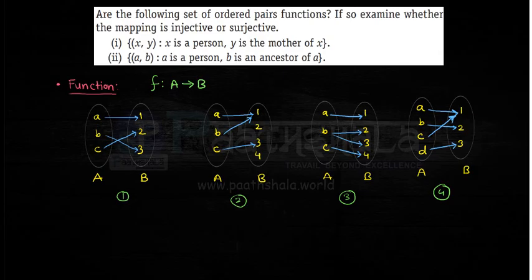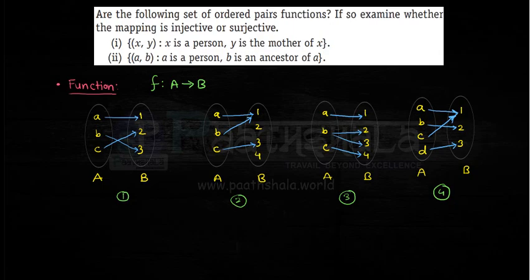But this relation should be unique. Unique means, let's say A is a domain element, so A should have only one image in the codomain.